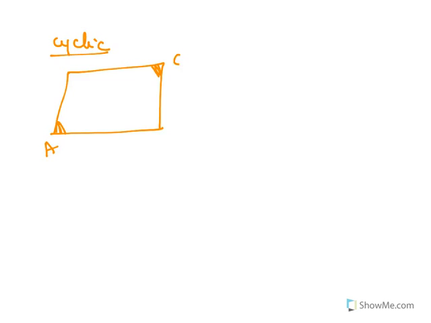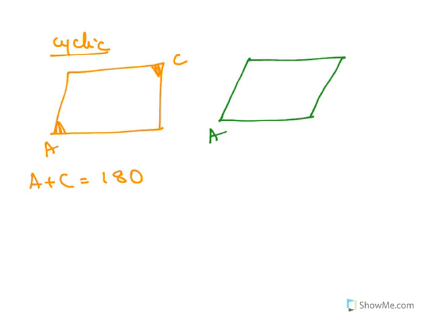So first property was saying it is cyclic, and because it was cyclic, the property was A plus C is 180. And then it was a parallelogram. It was a cyclic parallelogram. So A and C were equal, X and X, because it is a parallelogram.